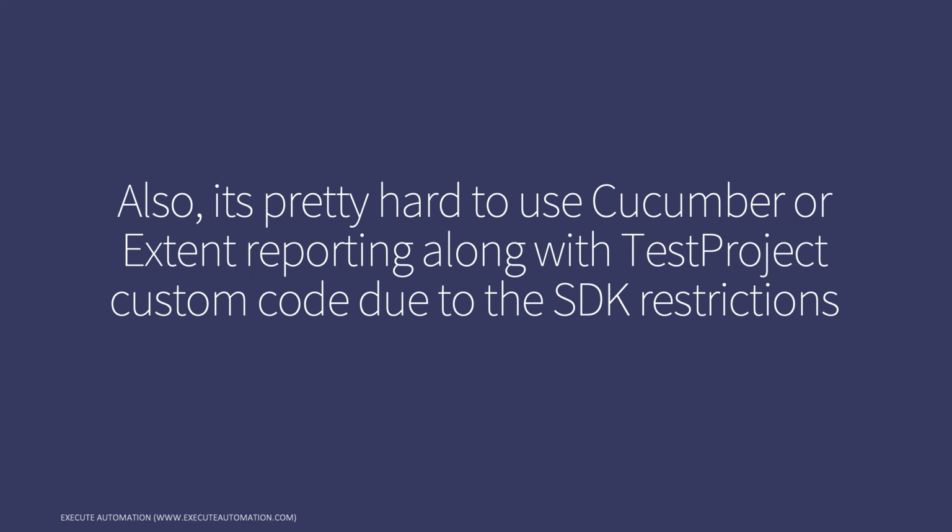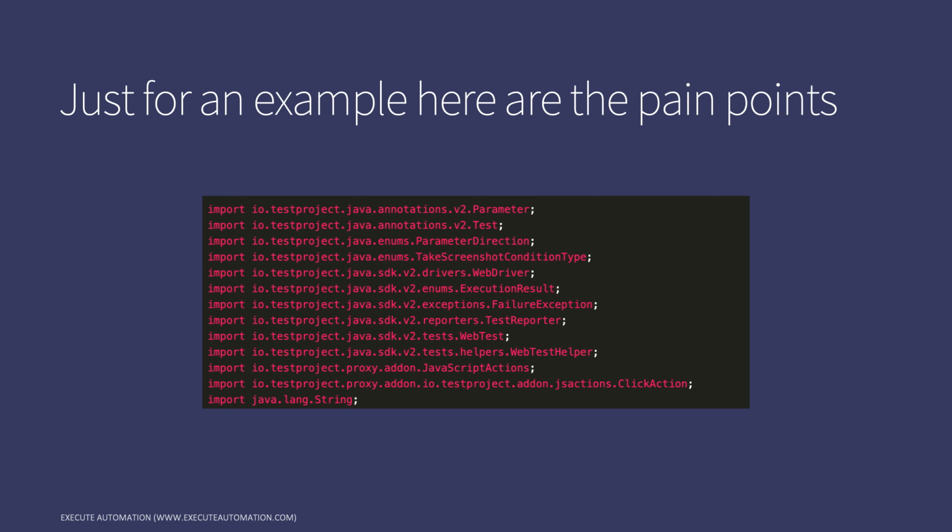Also, it's pretty hard to use Cucumber or Extent reporting along with TestProject custom code due to the SDK's restrictions, because you have to forcefully use the TestProject SDK for all operations like send keys or opening a browser, or even maintain the structure, which restricts the code from using Cucumber or Extent reporting. Just as an example, you can see that you need to use all the libraries of TestProject, something like this.